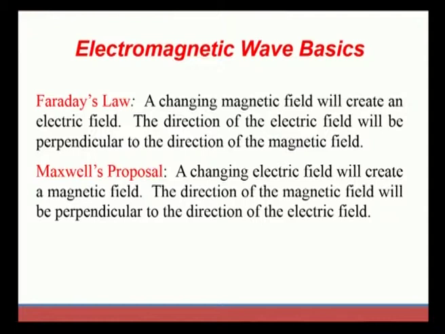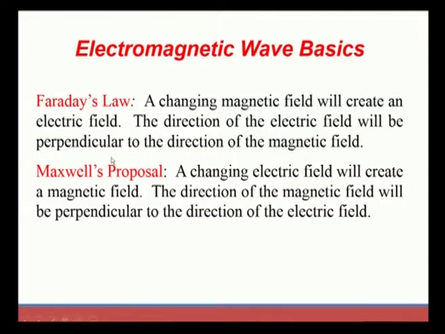So, whenever the magnetic field changes, an electric field will be produced, and the direction of the electric field will be perpendicular to the direction of the magnetic field. This is always true.